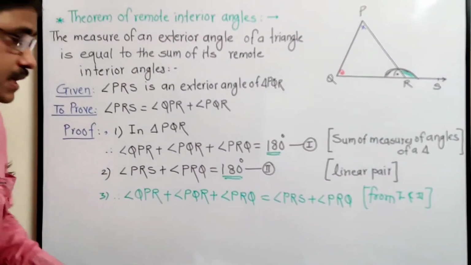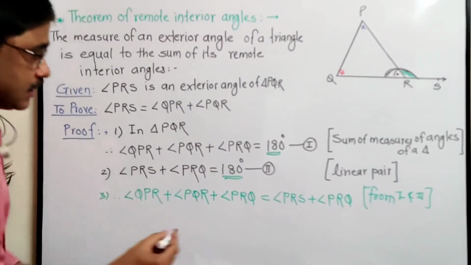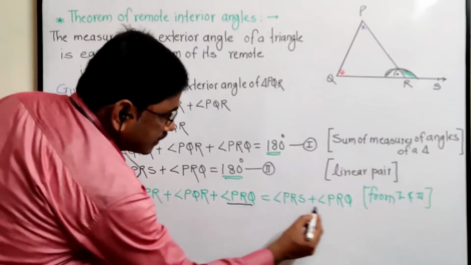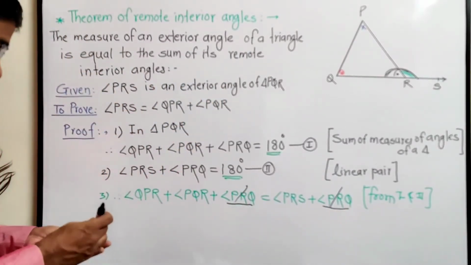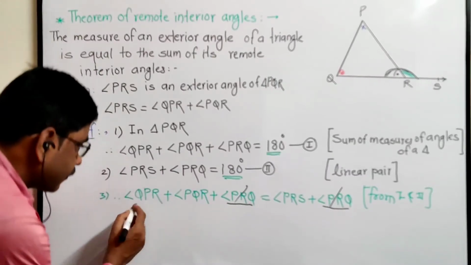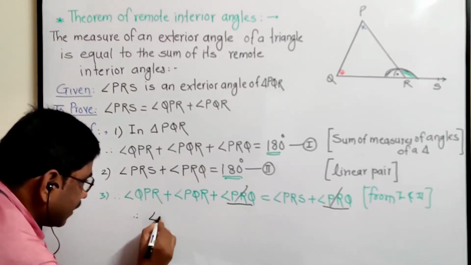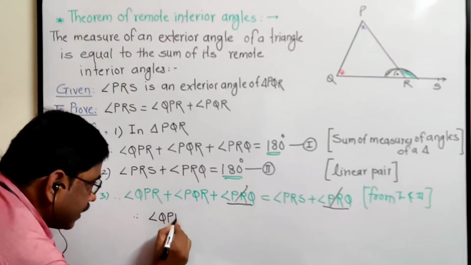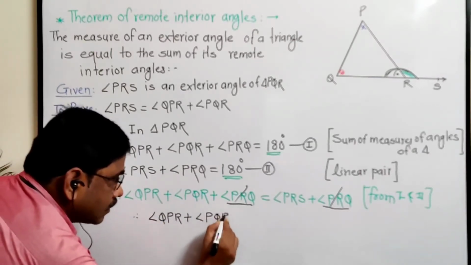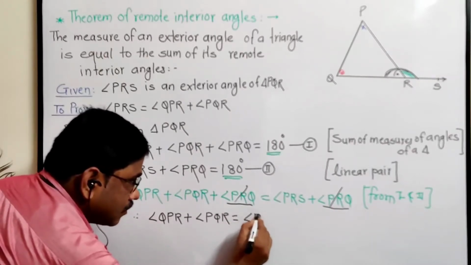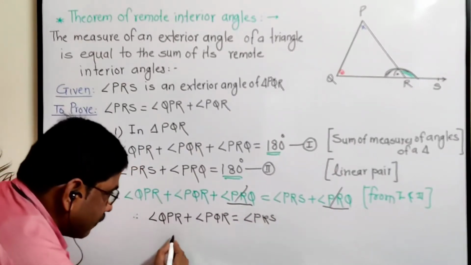Now, if we observe this statement, here this PRQ and this PRQ are equal, so they get cancelled from both sides. So we get, therefore, angle QPR plus angle PQR is equal to angle PRS, which is our proof. What we had to prove?